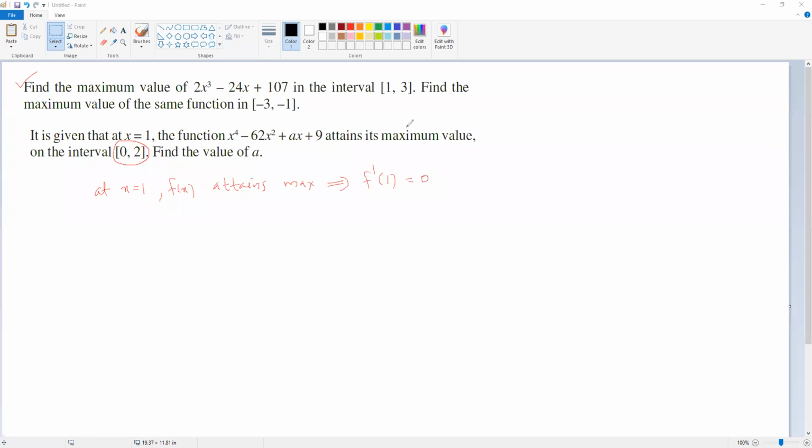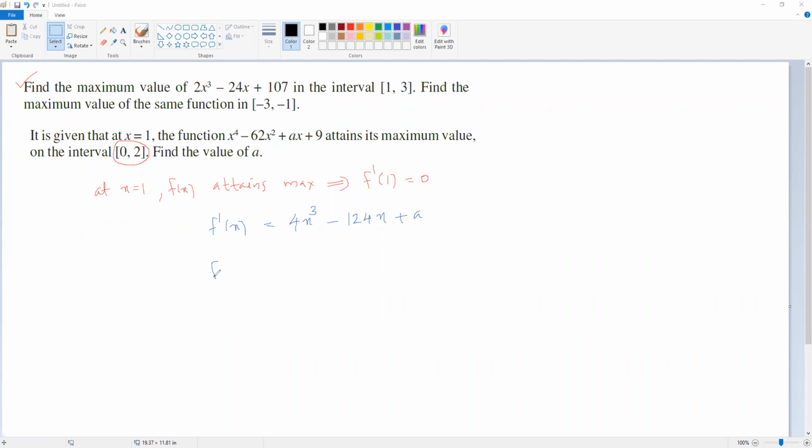So f dash x is equal to 4x cube minus 124x plus a.